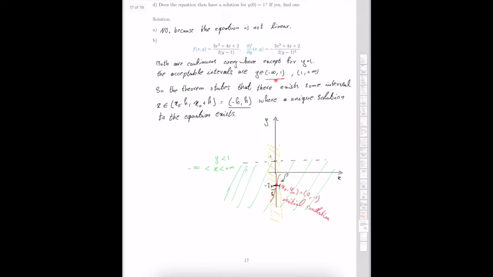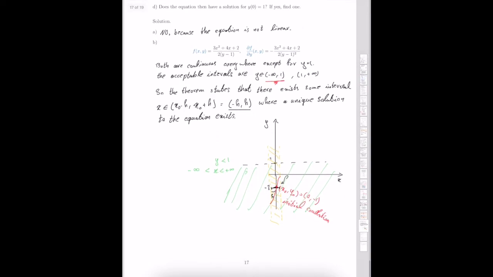Now the initial condition will be this point. And we know that on this line of y equal to 1, the functions f and its derivative with respect to y are not continuous, so I cannot find any rectangle like this so that I guarantee that both of those functions are continuous here.